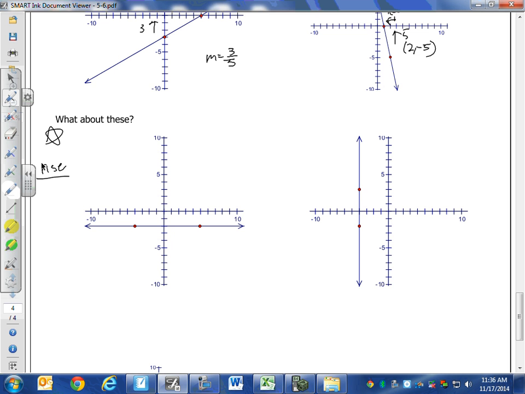Remember, it's not just a run. It's not just a rise. It's a rise over a run. Up, none, to the right, 9. Now, simplify that, Ms. Schlegel. What's 0 divided by 9? 0 is correct. You're allowed to divide a number into 0. You're not allowed to divide a number by 0.